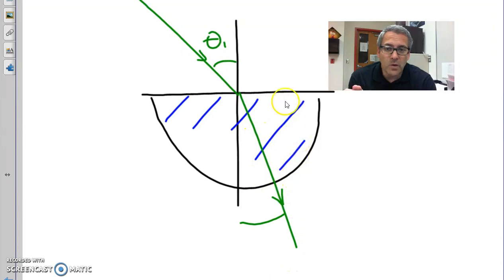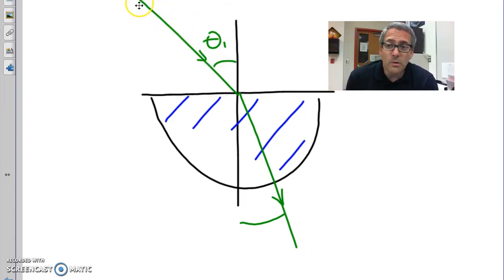So if you are able to trace this, draw a line right there to represent the boundary, draw maybe a dotted line to represent that normal line, and you can use a protractor to measure this. And to mark a ray like this, it's light, and light doesn't stay still.